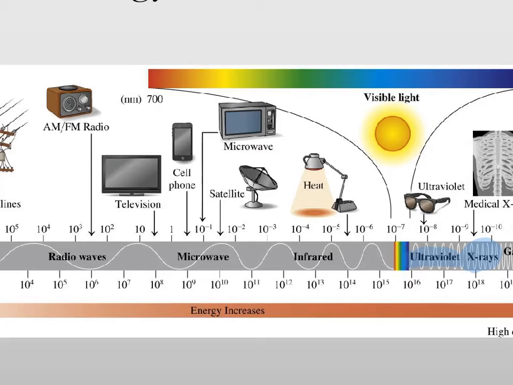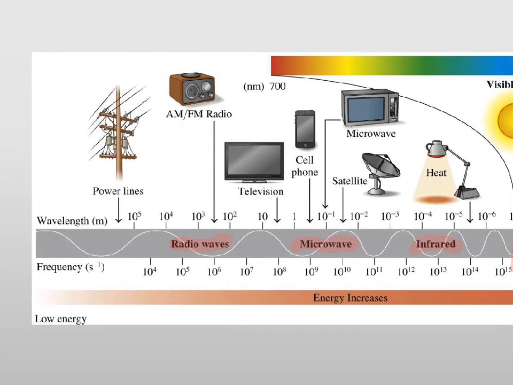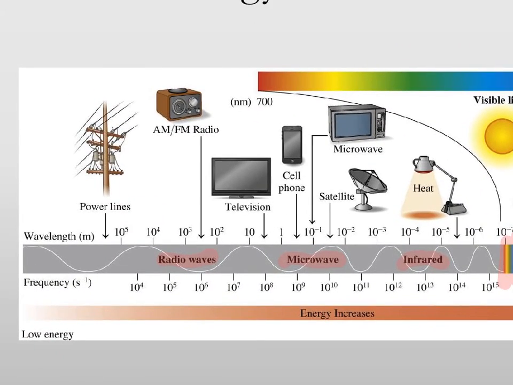Then you've got the visible spectrum of light, which has, again, longer wavelengths, but lower energy than ultraviolet, and so on and so forth, infrared, microwaves, and radio waves. And all the way down here, you have power lines, which run over here with wavelengths of 10 to the 5th meters. So that's 100,000 meters for a wavelength that they operate at.